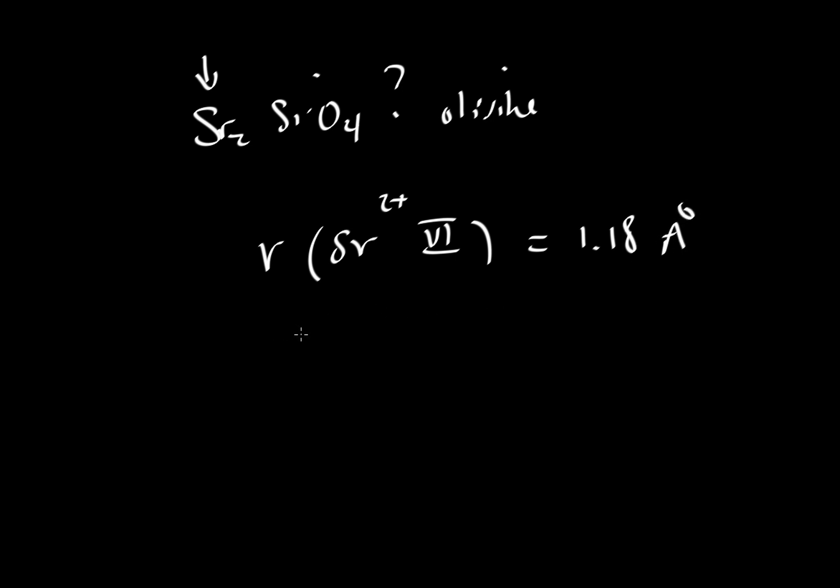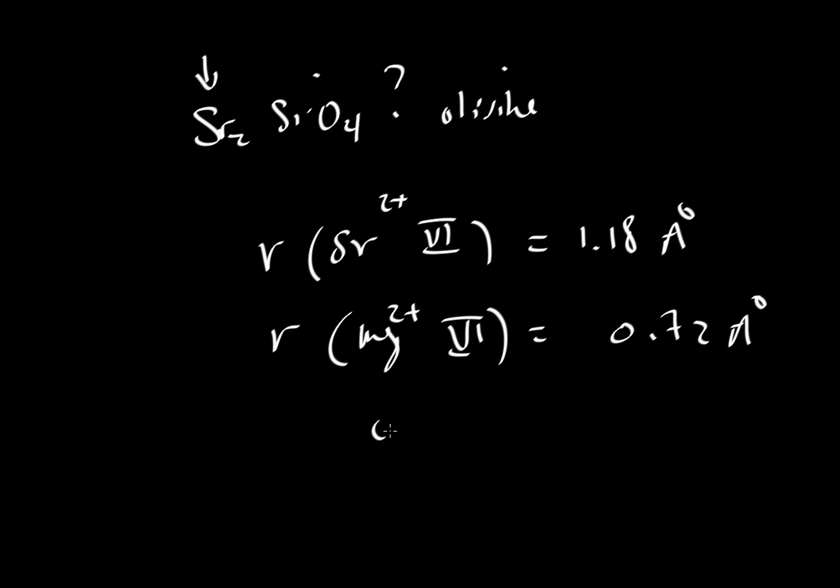Interestingly enough, identical to sodium in the prior case. And then we have the radius of magnesium, always 2+, again in sixfold coordination for olivine, and again at 0.72 angstroms. We'll take the difference, 0.72 minus 1.18 divided by 0.72.